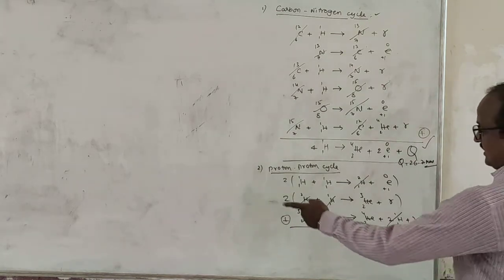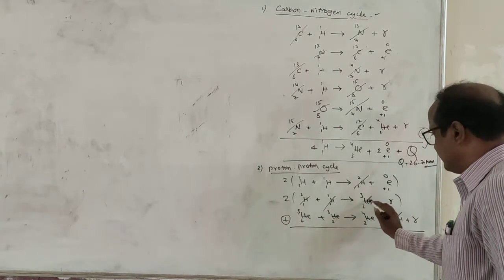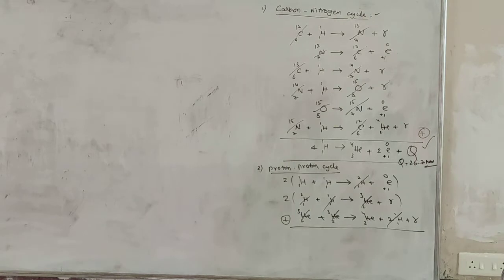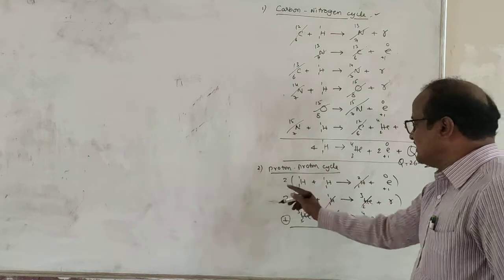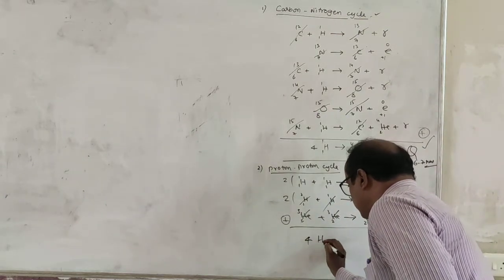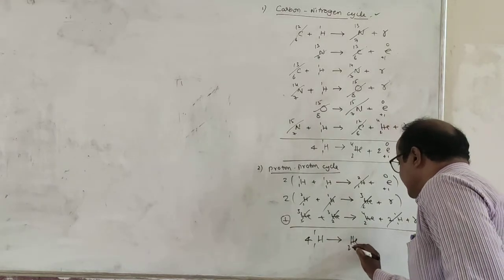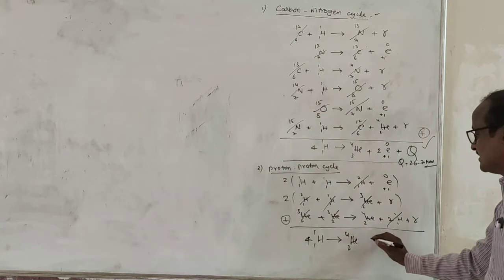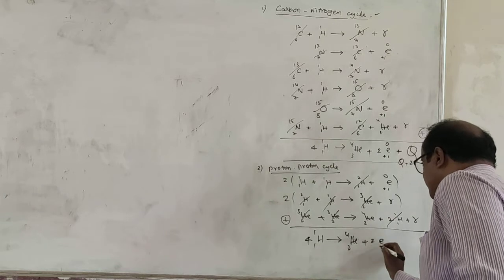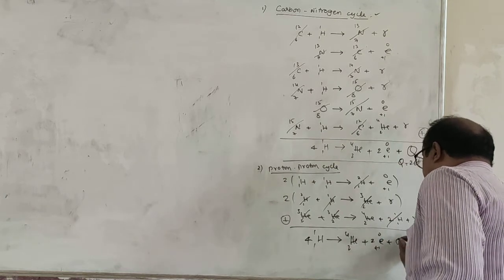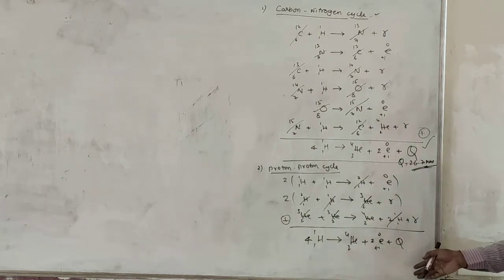Next, the 2 He3 and He3 are cancelled. So how many protons are there on the reactant side? 2 into 2 is 4. Therefore, 4 protons combine to form a helium-4 nucleus plus 2 positrons plus energy Q, and here Q is equal to 26.7 mega electron volts.